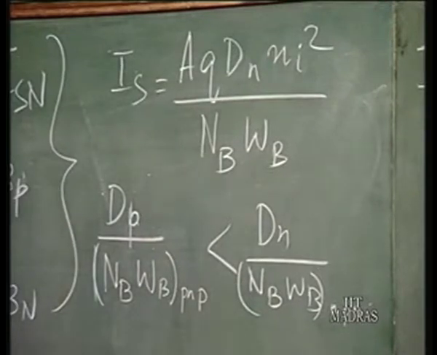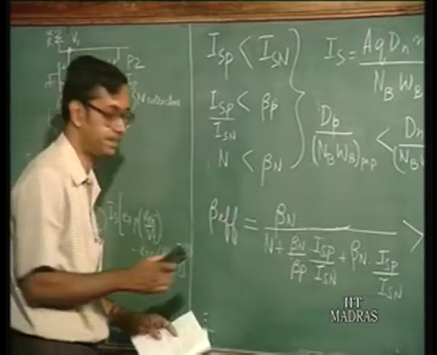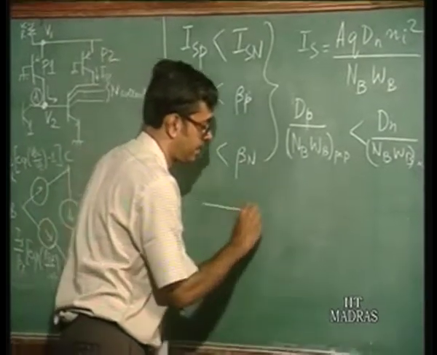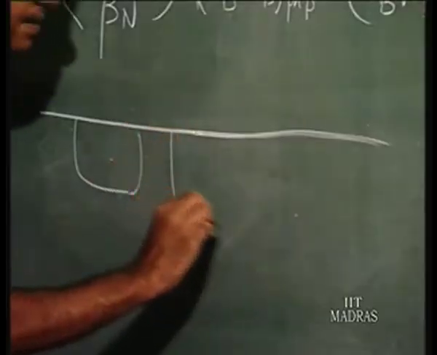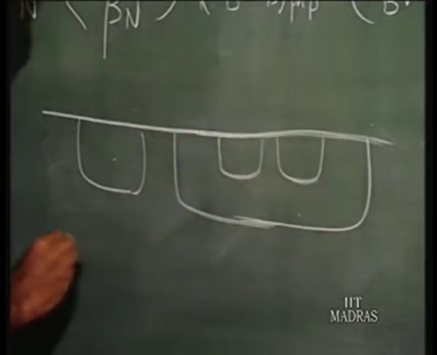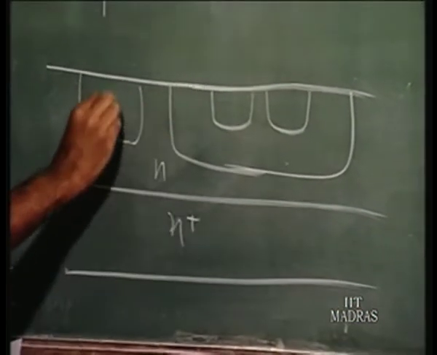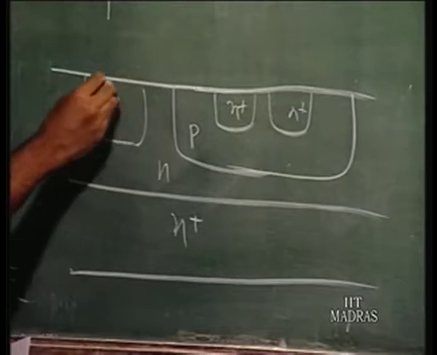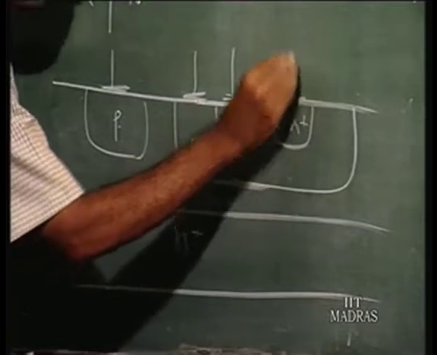Okay. Now, if you look back at the I squared L cell configuration, I will just draw it again. So, you have these are the different collectors. This is the N on N plus wafer. Okay. So, this is P, P, N plus, N plus. Okay. And so, this is the injector, this is the base contact, and these are the collector contacts. All right.